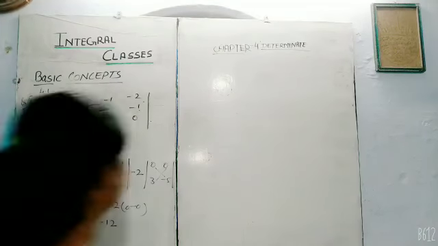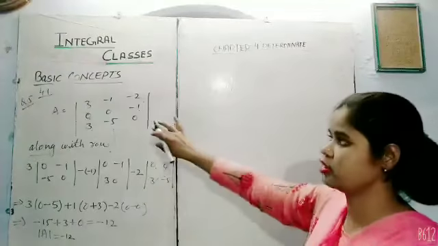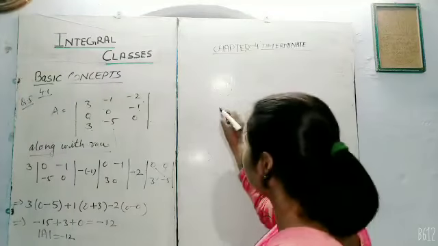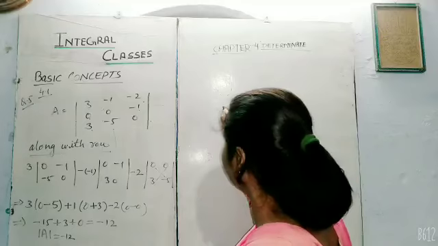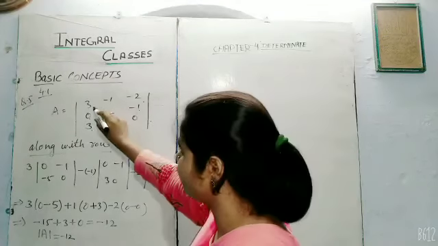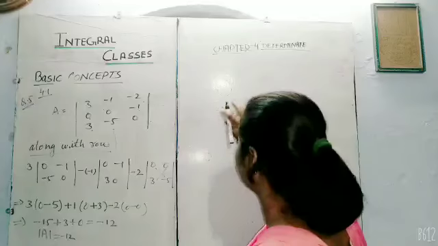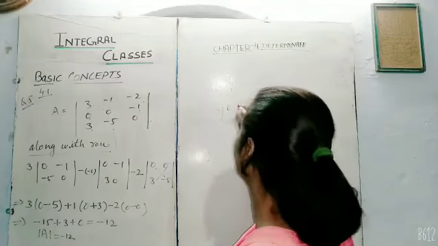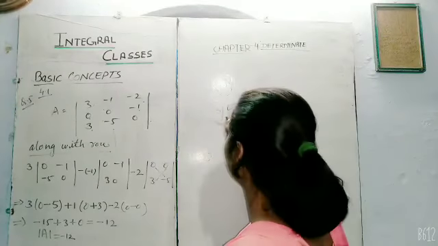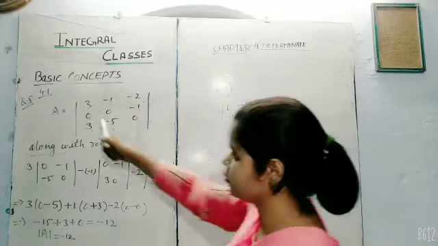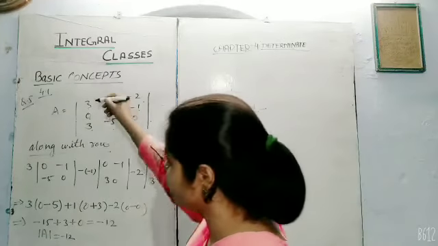Now on the other side we will solve this determinant along the column. The column is here, so 3. First we write again 3, then the first row and first column are deleted, the remaining are the same, so we write 0, minus 1, minus 5, 0. Now minus sign because we consider the first column.